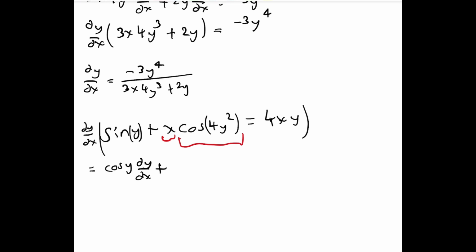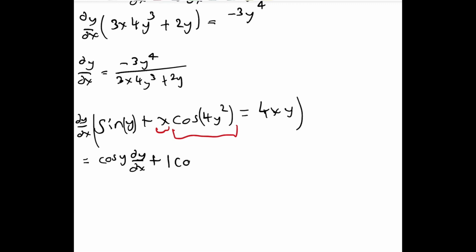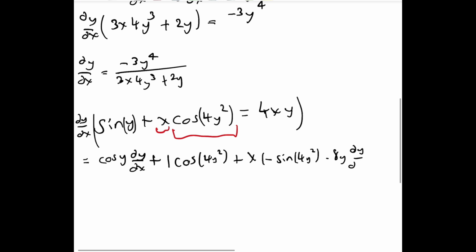So we differentiate the first term, that's 1, times the second term, cosine 4y squared, which doesn't change yet, plus the first term stays the same, x, times the derivative of the second term, which is minus sine of 4y squared times the derivative of the inside, 8y, and again, because it's the y variable, we multiply by dy/dx.